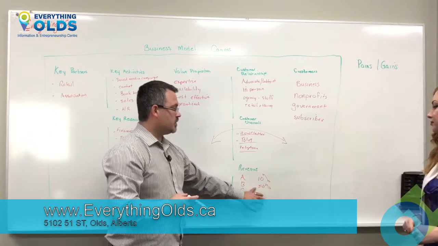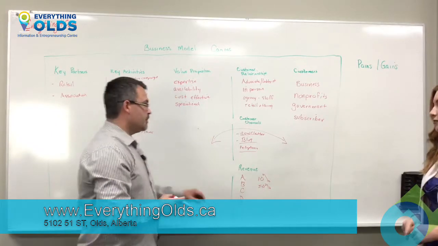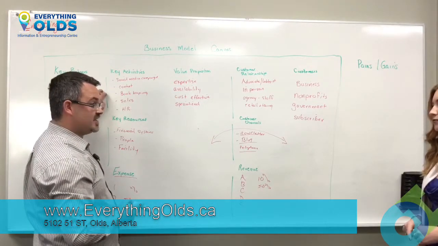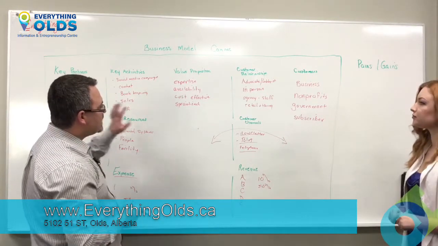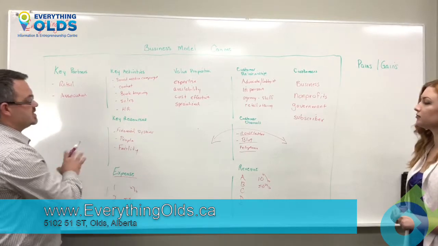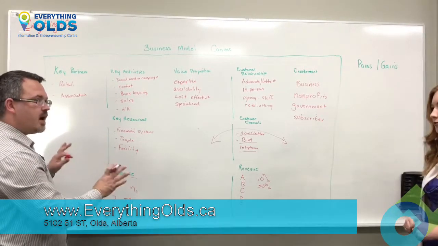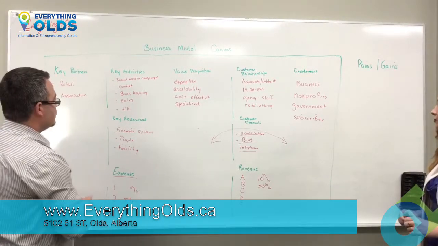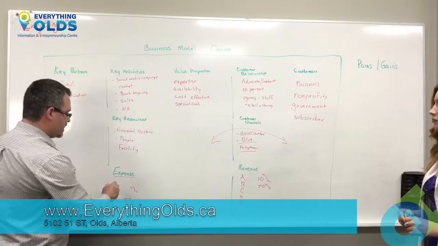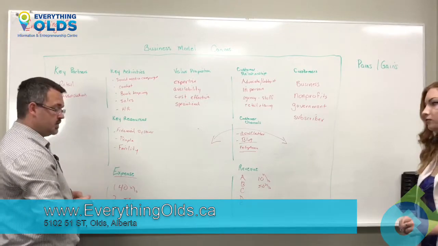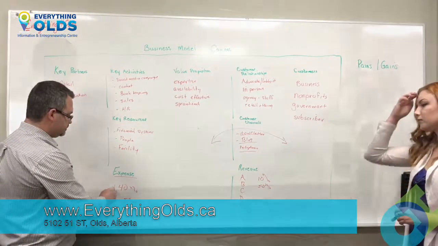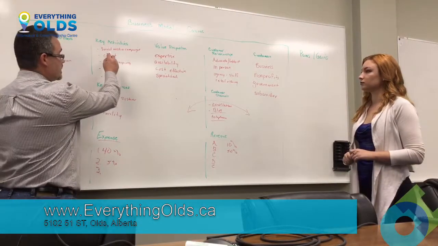Now, if that's the case, wonderful, but as long as your other key activities are coming in with the right expenses, right? And so the nice thing about a business model canvas like this is you can see how things come together. So if we looked at things and we said, okay, we're going to spend 40%, it's going to cost us 40% of our revenue as an expense for social media marketing.